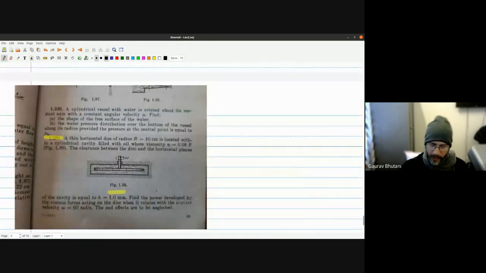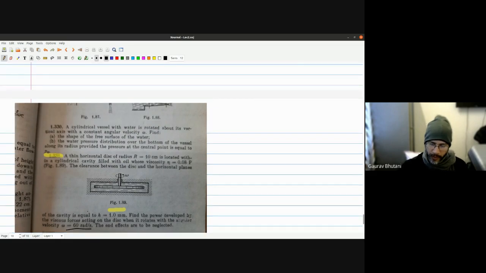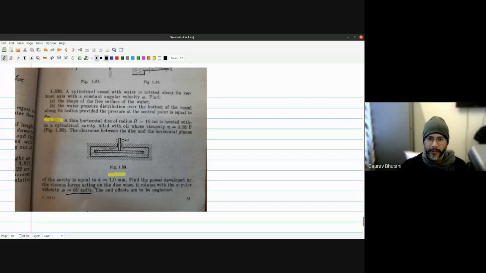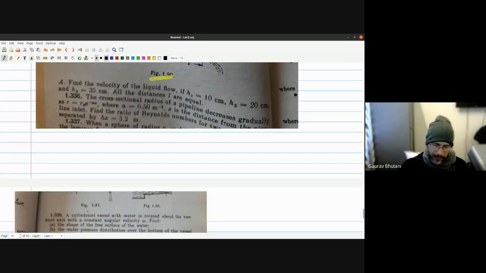Then you have this problem where you have a disc surrounded by oil. There you have to calculate the torque to rotate it with a particular angular frequency. These problems are 12th standard problems or JEE problems. I just put a few of them for you to practice and revise your old skills.